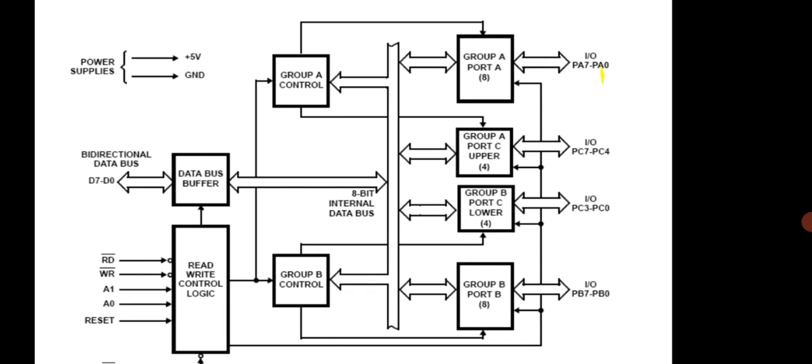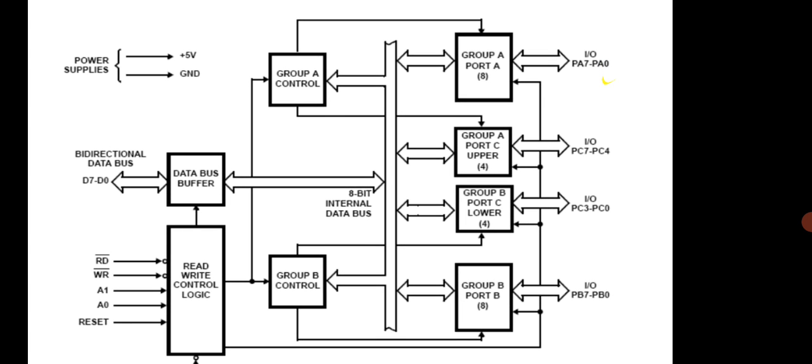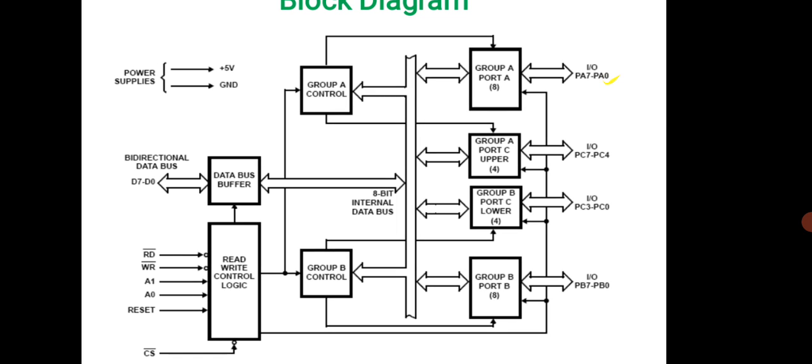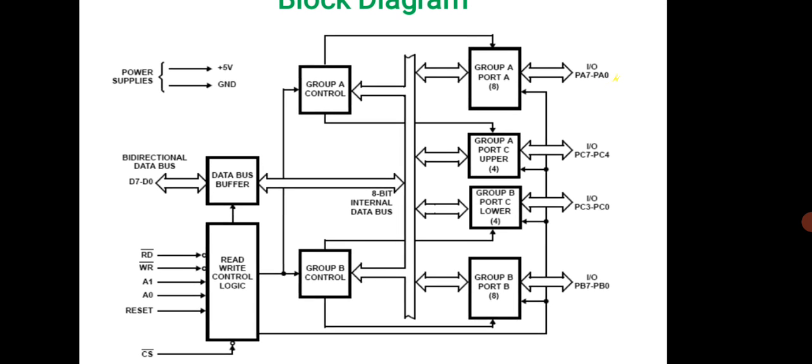We have all the IO pins associated, the data bus buffer D7 to D0, and the read write control logic with the read pin, write pin, A1 and A0, reset, chip select, and of course 2 pins allocated for the power supply.